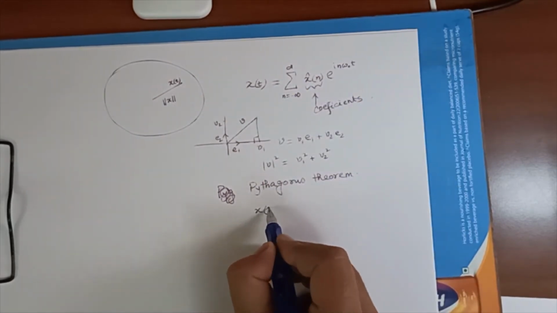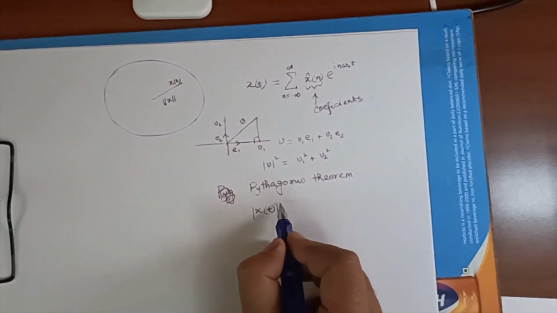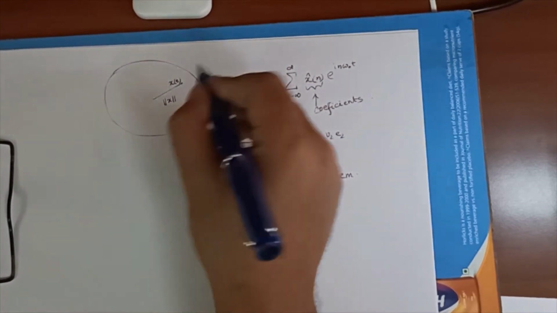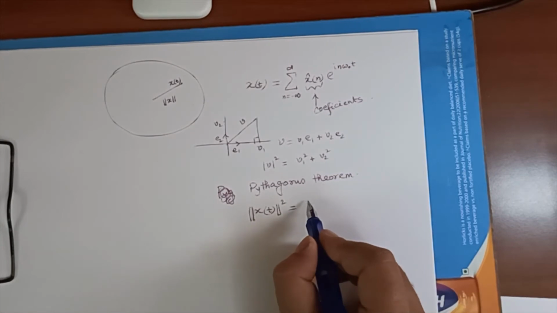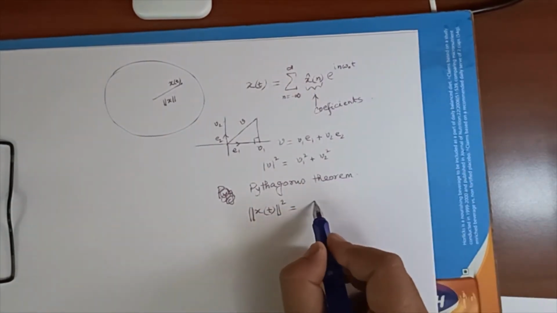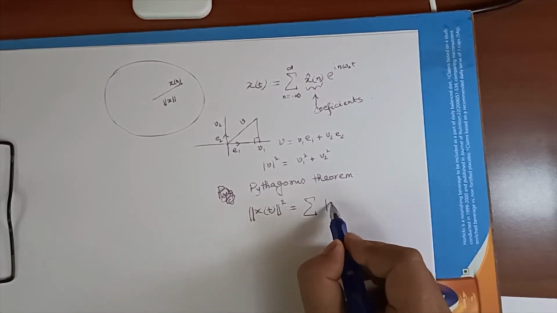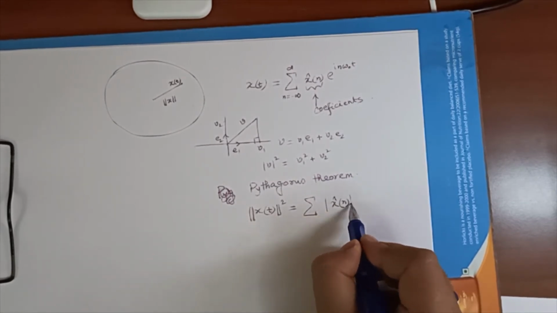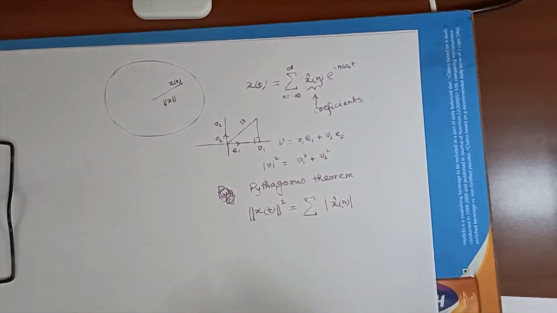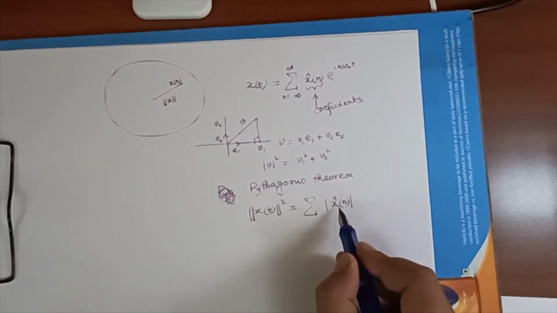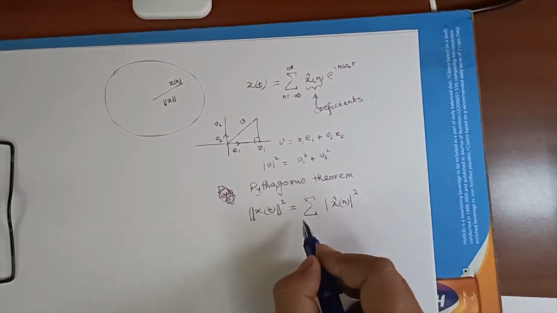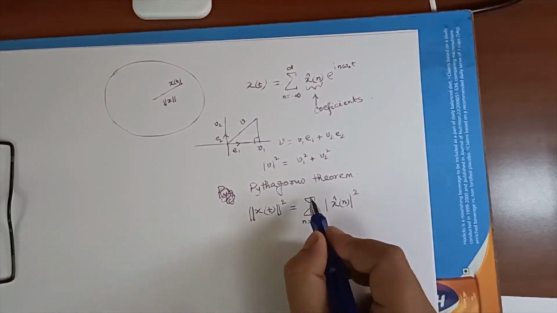You will get x(t) square, the modulus, basically the norm square, that is the length of the vector, will be equal to the sum of the squares of all these numbers. That will be equal to the modulus of x hat n. This is a complex number, so as x hat n is a complex number, you take the modulus of that square for n equal to minus infinity to infinity.